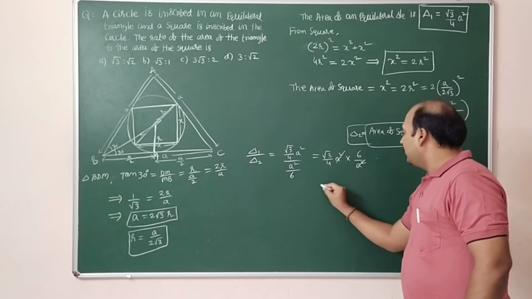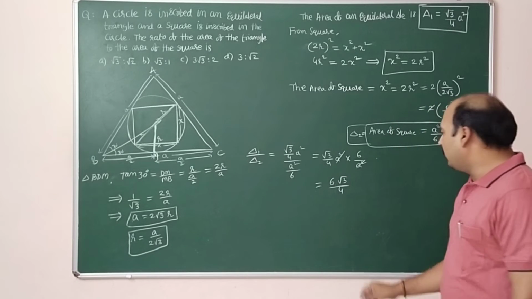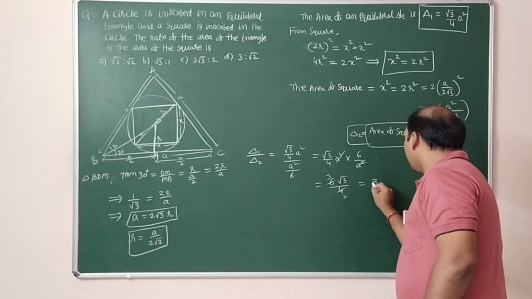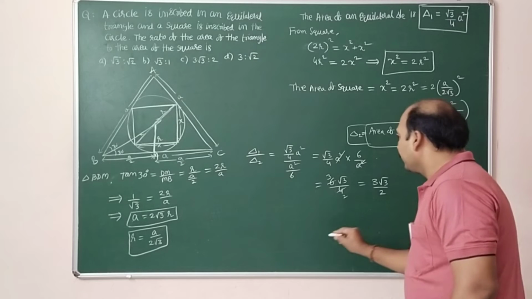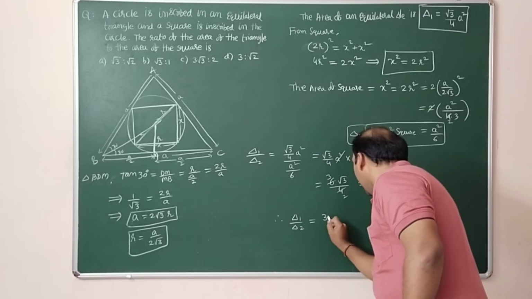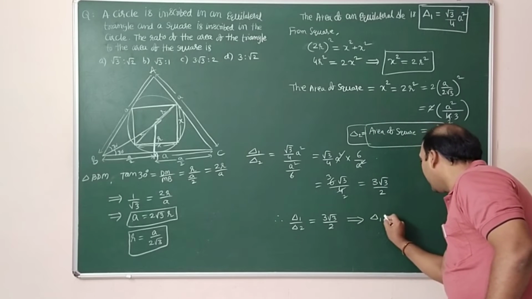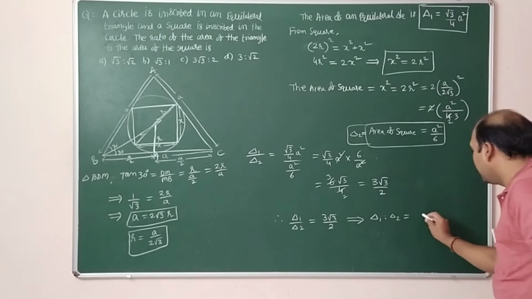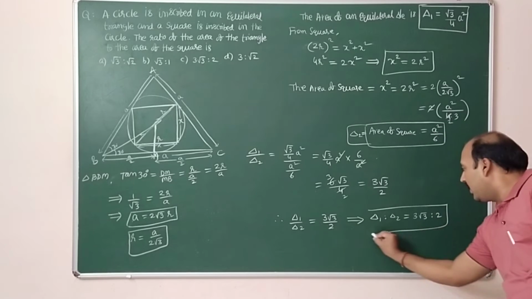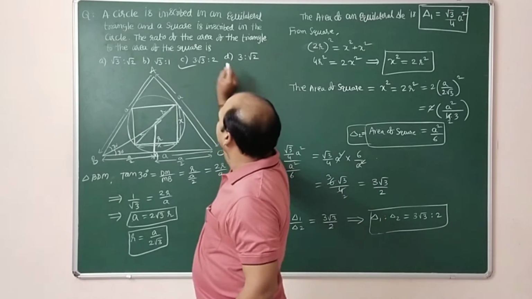A square gets cancelled, which is equal to 6 root 3 divided by 4, that is equal to 3 root 3 divided by 2. Therefore, delta 1 by delta 2 is equal to 3 root 3 divided by 2. We can also write it as delta 1 is to delta 2 equal to 3 root 3 is to 2. Therefore, the required ratio 3 root 3 is to 2 is there in the third option.